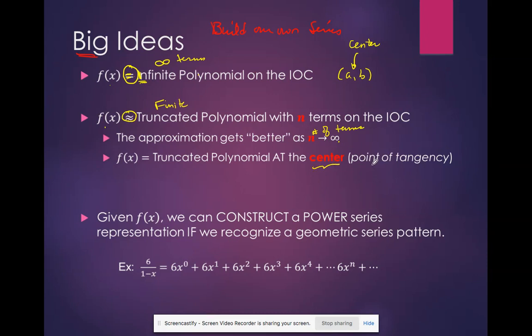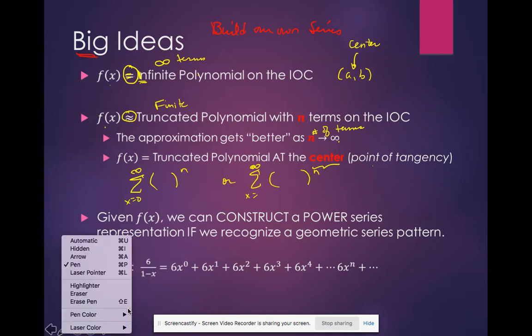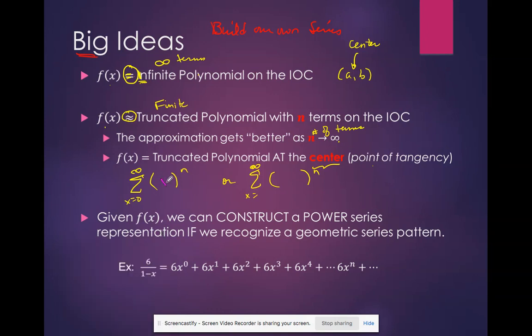Remember the center, which we think of as the point of tangency. So far, all we've been dealing with are infinite series of the geometric form. The geometric series that we have had have all been of the form where x hides the place for the common ratio.